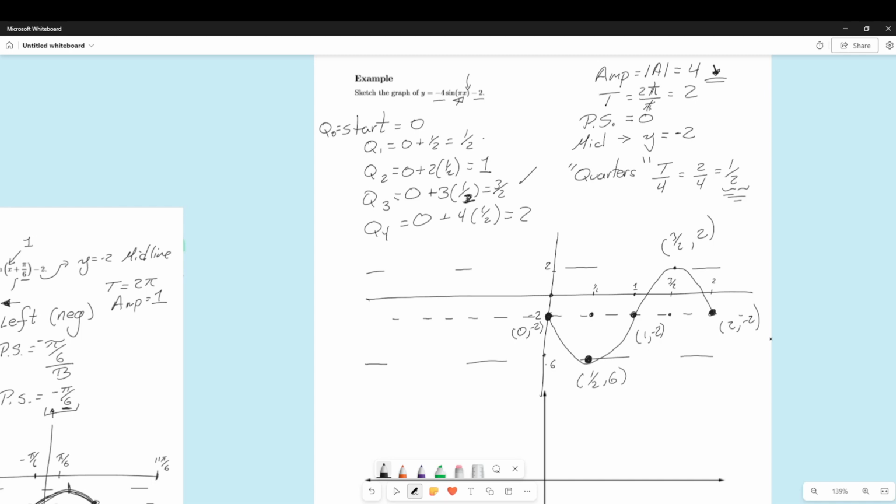The only thing that would be different if we had a phase shift is that whatever that phase shift is would replace those zeros, and we'd start a little bit left or right. And if we wanted to graph an extra period, we know our period is, what was our period? Our period was 2.